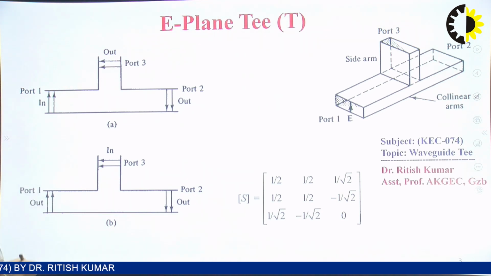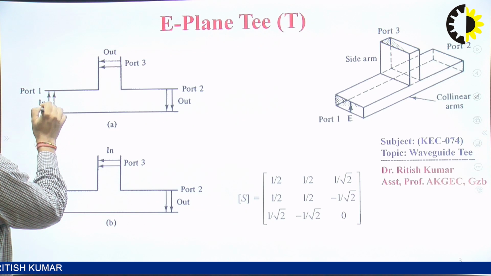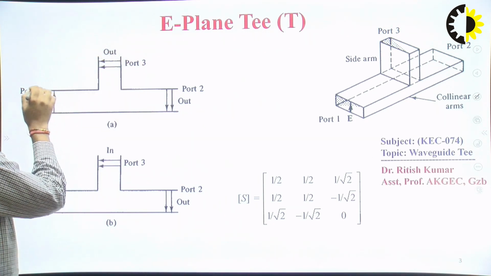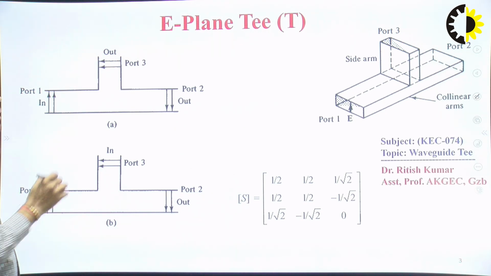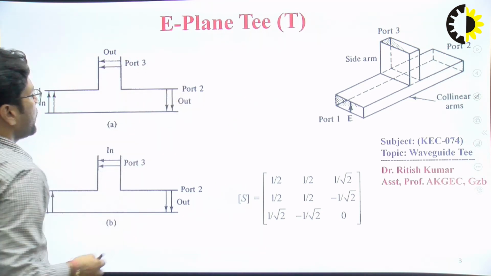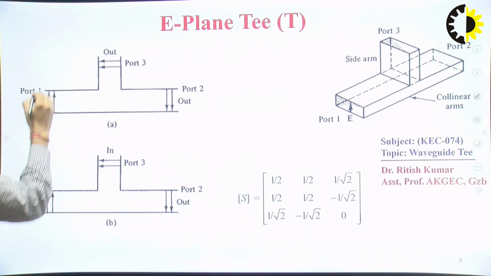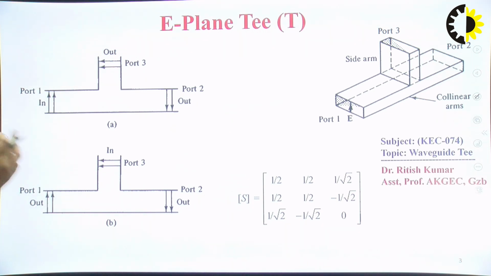Here we are considering port 1 as an input port, while port 3 and port 2 are output ports. If you give the power at the input port, or transmit the power through port number 1, and the field is oriented towards the y direction, what should be the orientation of the E field in the auxiliary arm or collinear arm?